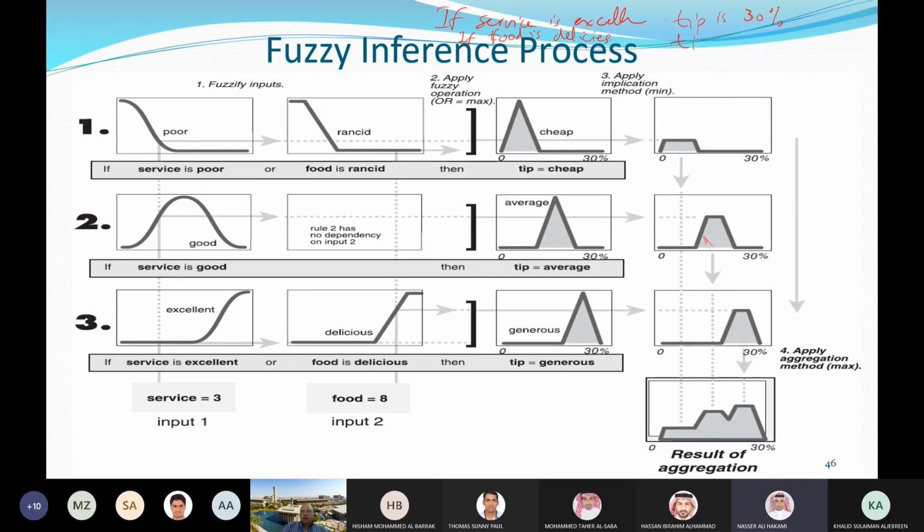The tip is 20. But here we have several comments. When you say the tip is 20% or the tip is 30%, this is not fuzzy. This is not a Mamdani type. This is a Sugeno type. Then you have a tip that is fixed, 30%.